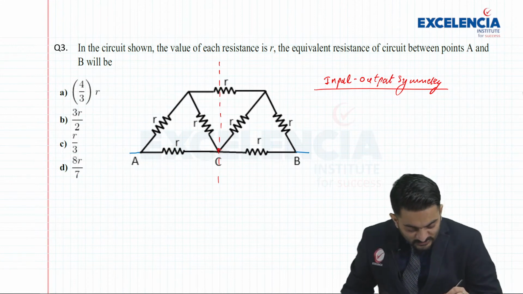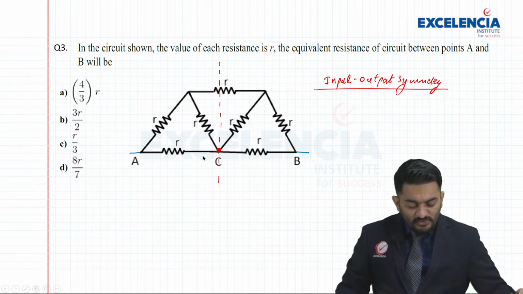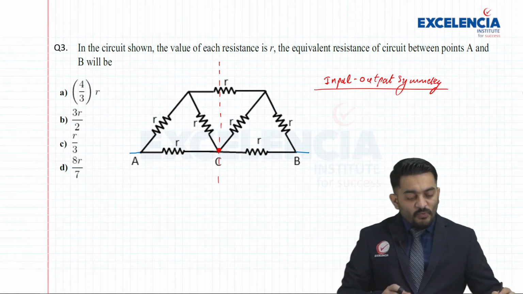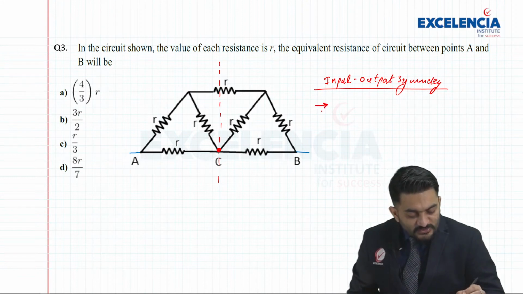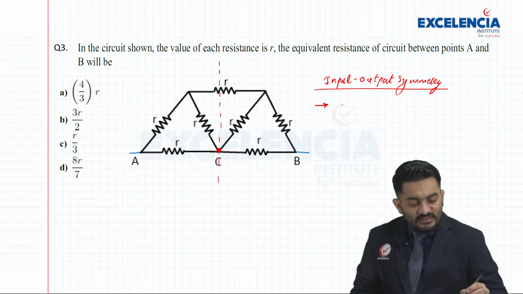So if your potential is 0 at this particular point, there is one technique which you can use, because that technique is not going to change your answer, and we call it the connection removal technique.